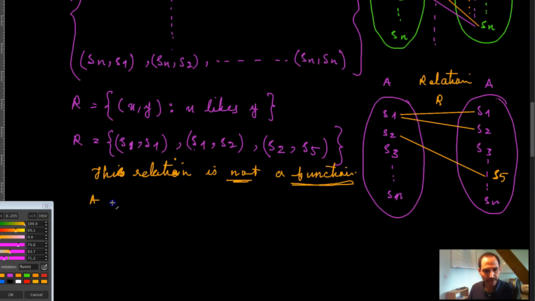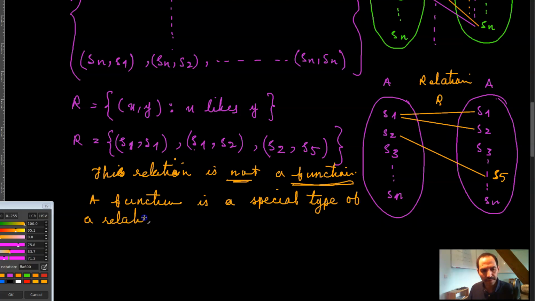Basically a function is a special type of a relation. Meaning that if you have such a relation, and if your relation has specific properties, then you can call it a function.